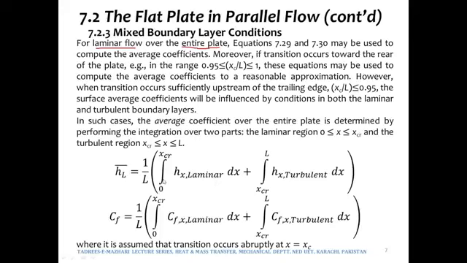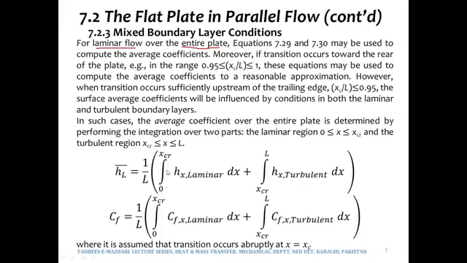So you can see over here, what does it say? Integral 0 to x of h x dx by L. If you recall, what was the integral of h x dx by L? It was equal to the average value of the convection coefficient. But over here what we are doing is we have divided the whole length of the plate into two parts, and of course one corresponds to laminar and the other corresponds to turbulent.